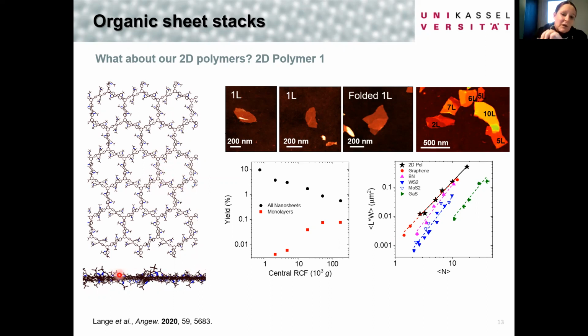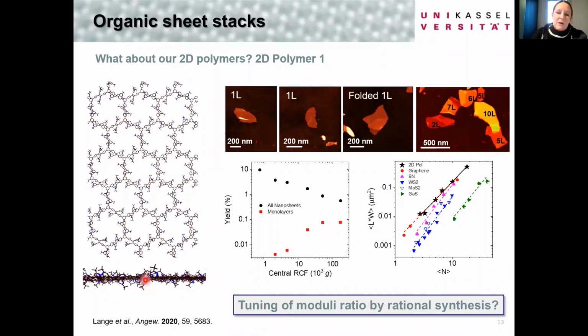So the bonds are quite strong, not as strong as in graphite in the plane, but there's also groups sticking out here, reducing the interaction between the sheets, and that's why it works so well. So this means that in principle, it should be possible that chemists can design materials that are particularly suitable for exfoliation when considering how they need to adjust the in-plane and out-of-plane binding strength.